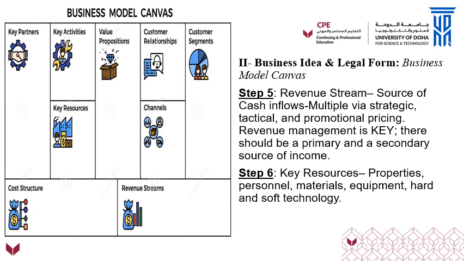Two other drivers or two other elements, constituents in this business model canvas: revenue stream as well as key resources. Well, when I say revenue stream, what is meant by that? Again, in your business model, you have to convince the reader, and you have to convince yourself as a manager, as a leader in that business: well, how can I make money?